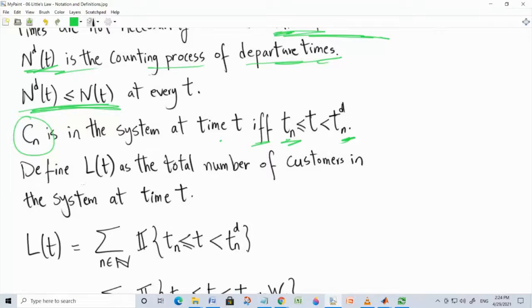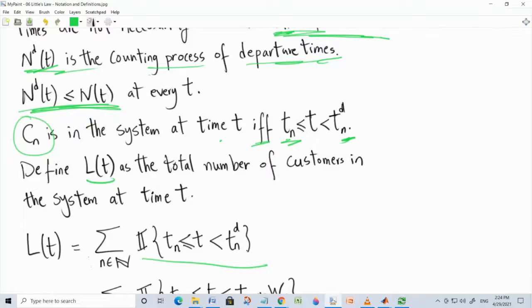To track the number of customers in the system at time t, you have an indicator that is 1 if t is between Tn and Tnd, and 0 otherwise, and then you sum over all n.